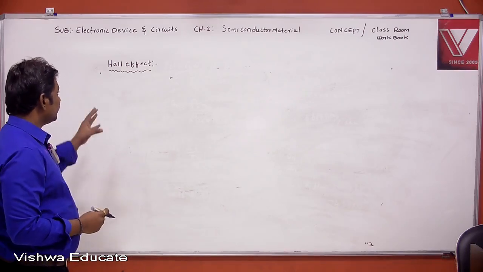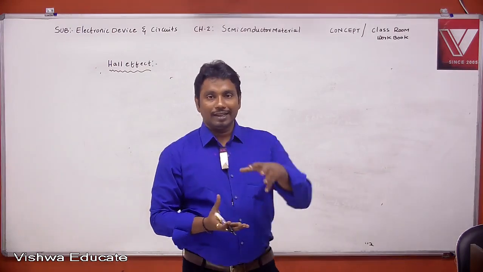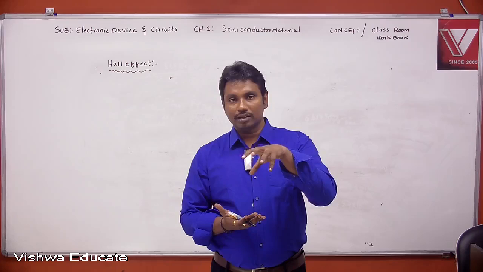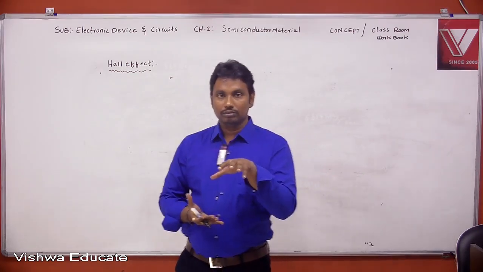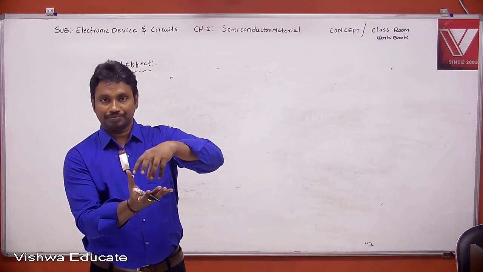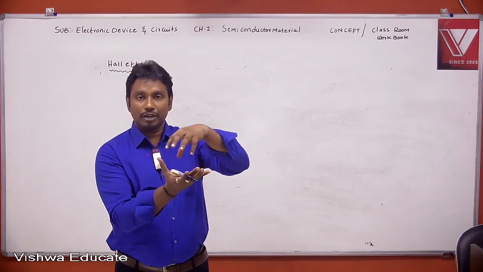What is the Hall effect actually? Consider a specimen, a metal or a semiconductor, which is carrying a current and is placed in a magnetic field. Then the Lorentz force is induced.